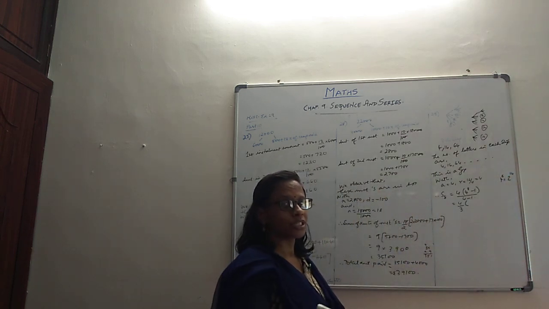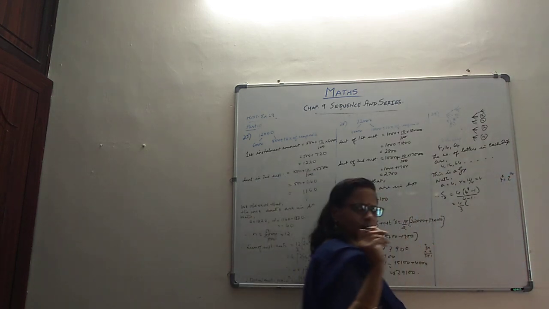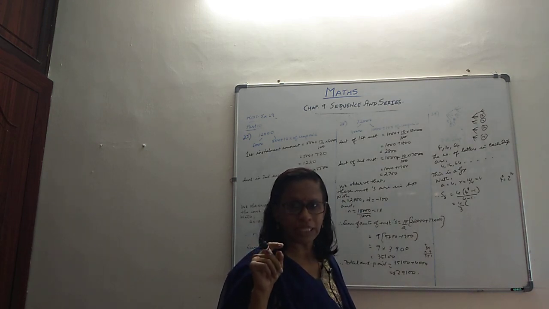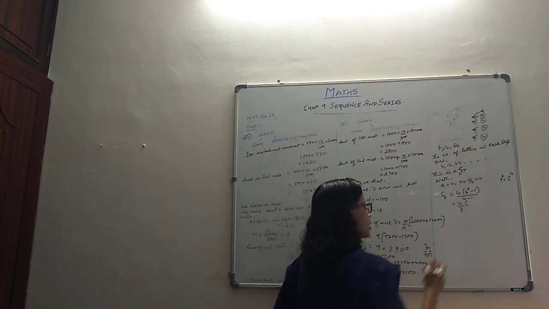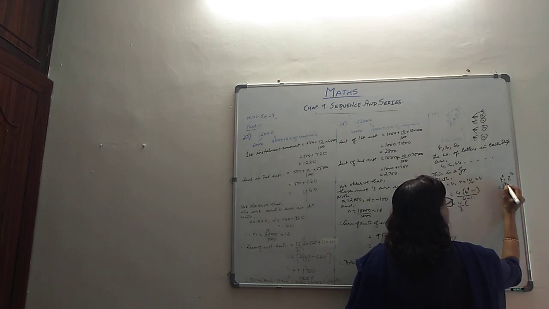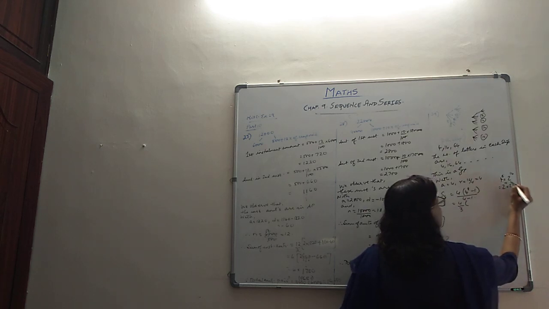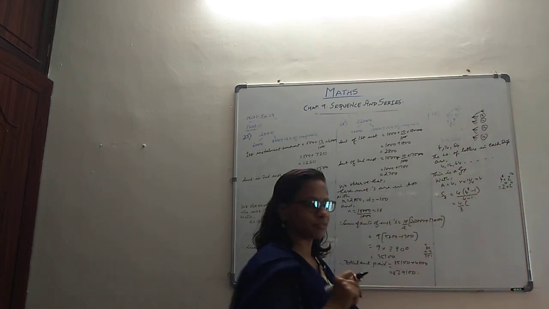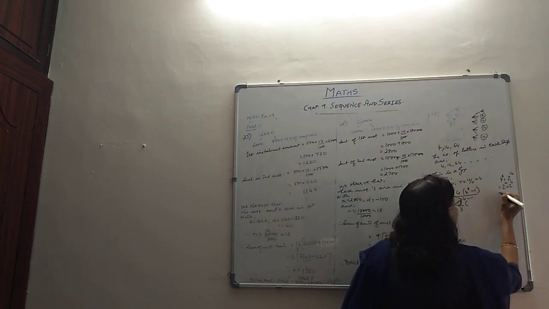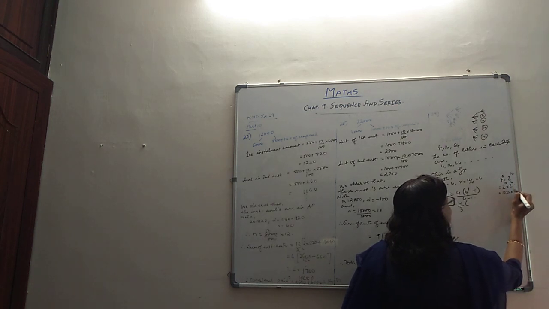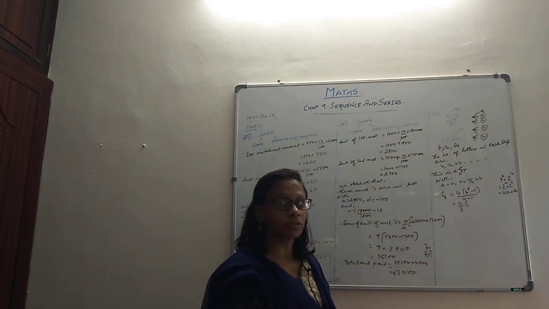And 2 raised to 16, because I know a bit of powers of 2 till 10, so maybe I'll use that. For me 2 raised to 10 is more convenient, so take it as 2 raised to 10 into 2 raised to 6, because I know powers of 2. This I know is 1024, and this I know is 64. Maybe we could work it out.